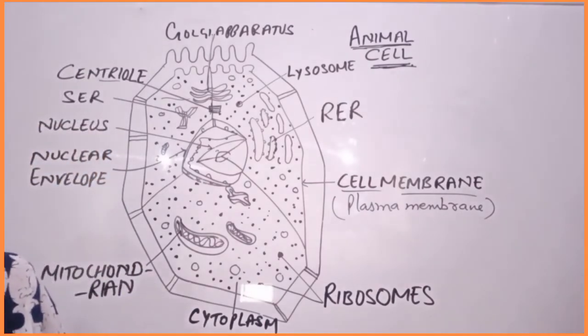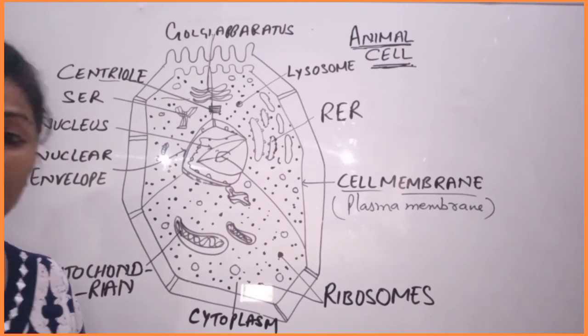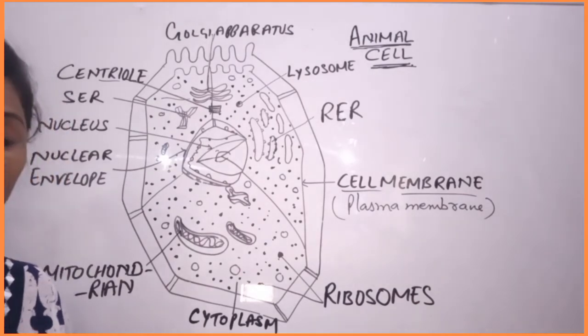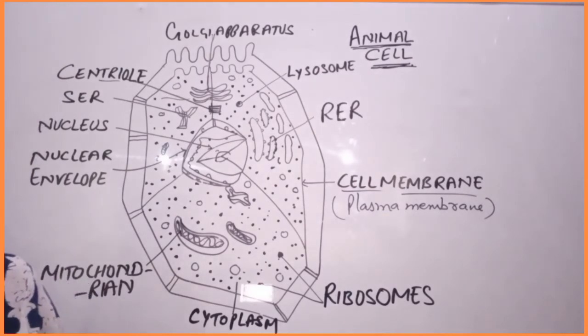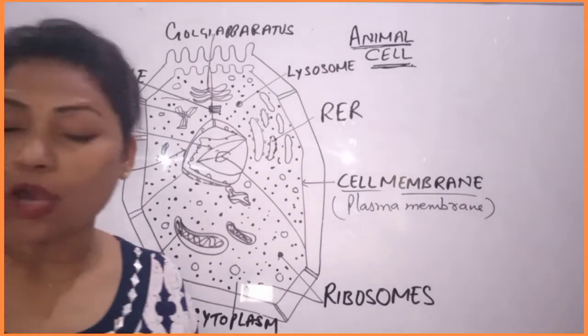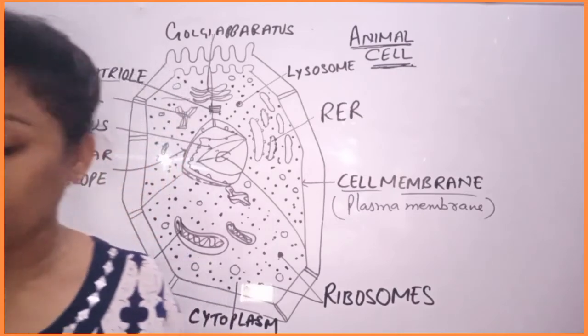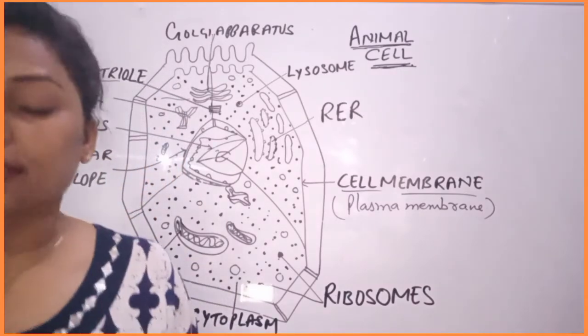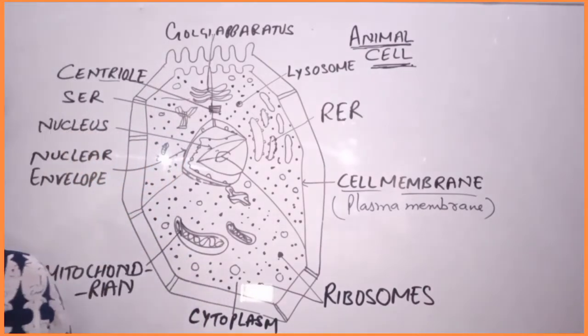In the plant cell there is a thick rigid non-living protective covering outside the cell membrane. It is called cell wall, and the cell wall is made up of cellulose. In the animal cell the plasma membrane is the outermost layer and it is devoid of cell wall. What are the functions?